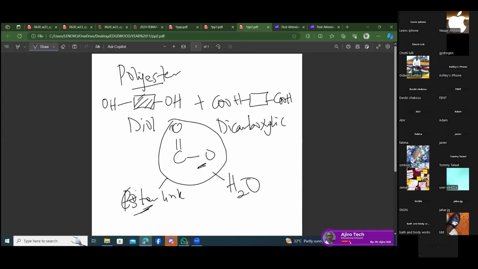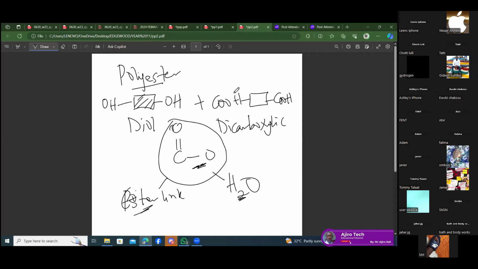If you have one of these, one water molecule is eliminated. If you have two of these, two water molecules are eliminated, and you could go on like that. And then we have the protein, which is also a condensation polymer. I think I've reviewed enough of polymerization.